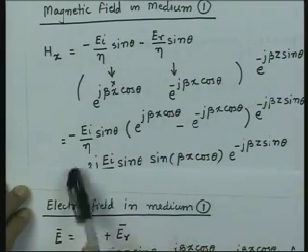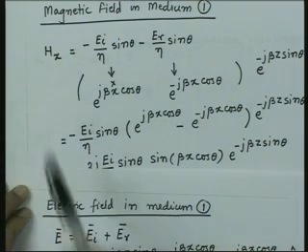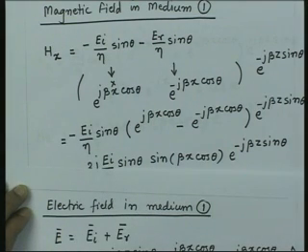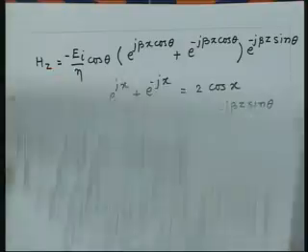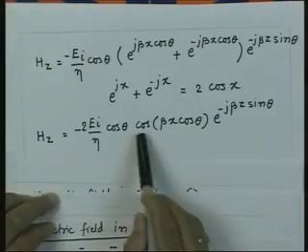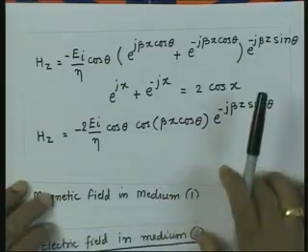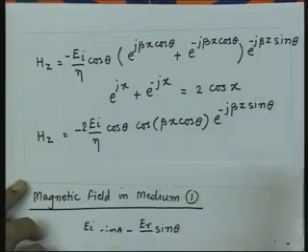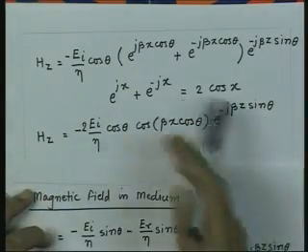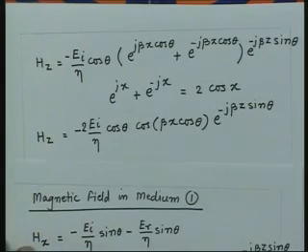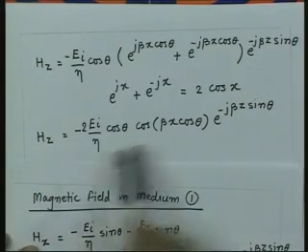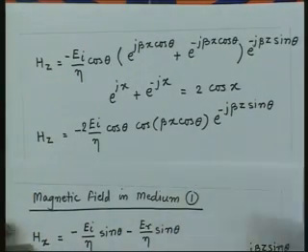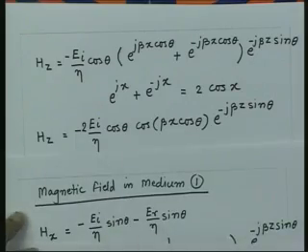In fact, the amplitude behavior of Hx and the electric field Ey is identical as a function of x, and the magnetic field component Hz is a cos function. That means it is shifted by a quarter cycle in the x direction. So wherever Hx is 0, Hz is maximum, and wherever Hx is maximum, Hz is 0.